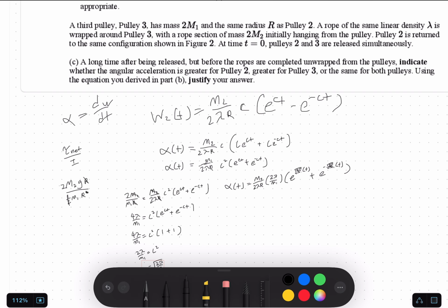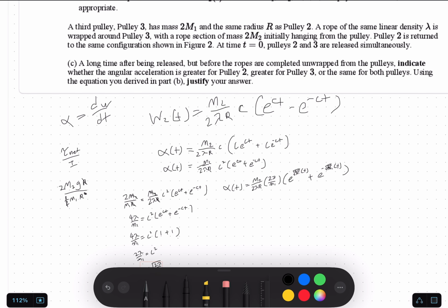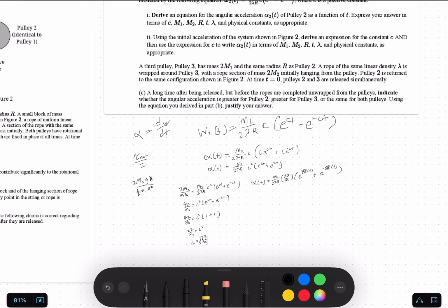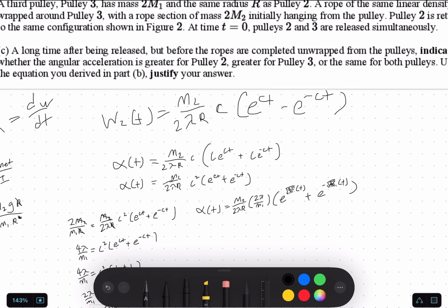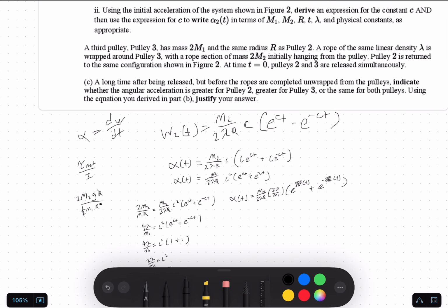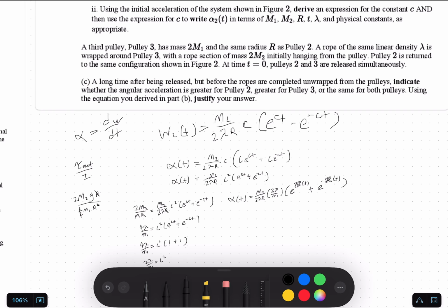This is 2. Twice the mass, pulley 3, twice the size of M1.